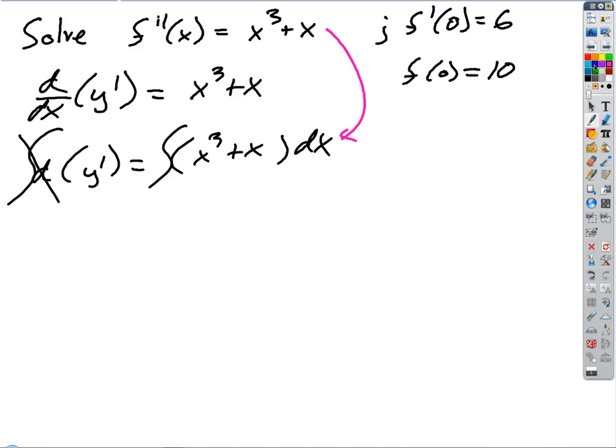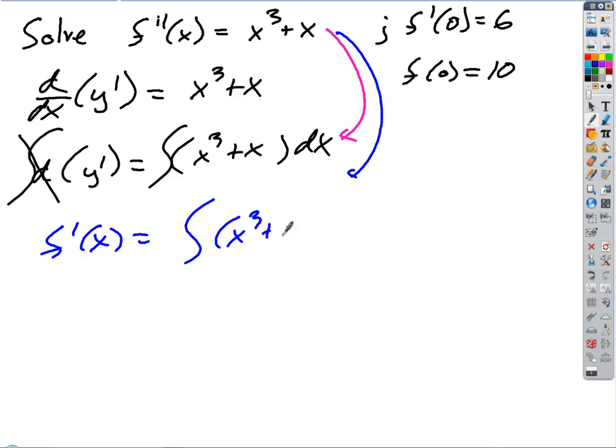And so we could probably just write this as f prime of x equals the antiderivative of the second derivative function, right? Does that make sense? And we could jump straight from there down to this layer. Is everybody okay with that? Absolutely. Okay. So what do we get for an answer?